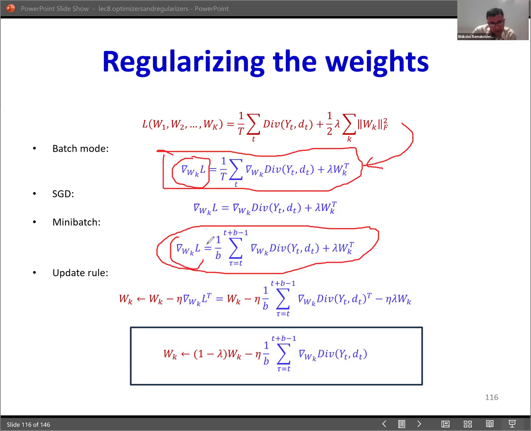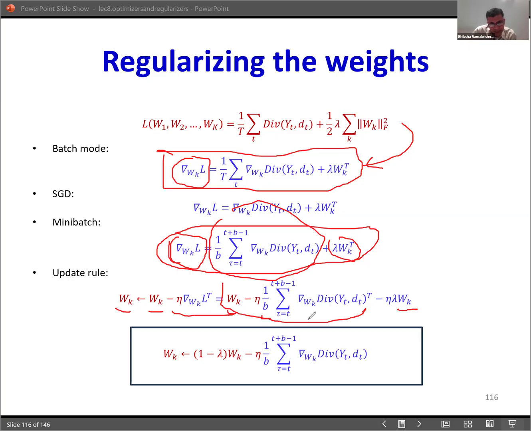If I use this derivative term in my gradient descent, I'm going to say WK is updated to WK minus eta times this derivative, which is WK minus eta times this first term, the average divergence derivative, minus eta times the second term, which is eta times lambda times WK.